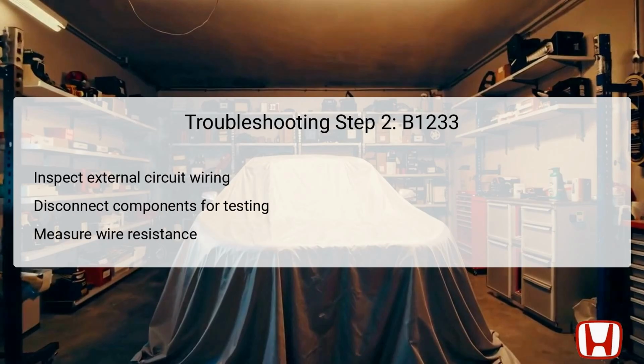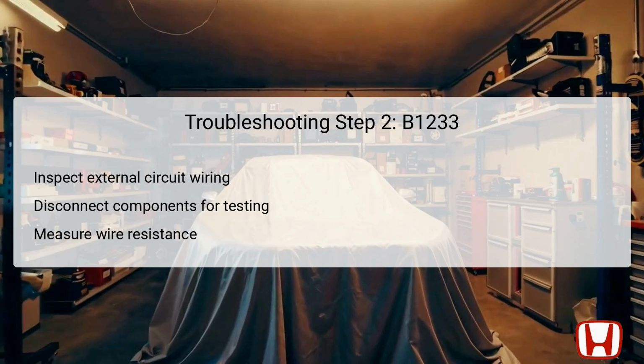In the second troubleshooting step, the focus shifts to inspecting the wiring in the external circuit linked to the air mix control motor. Begin by disconnecting the air mix control motor connector alongside the climate control unit connector to enable thorough testing. Once both connectors are free, you'll want to measure the resistance within the respective circuits marked as AMD-PDR and SENS-COM.